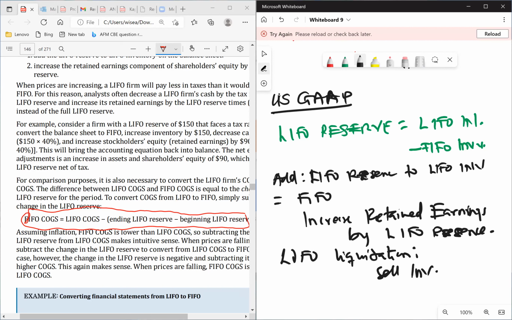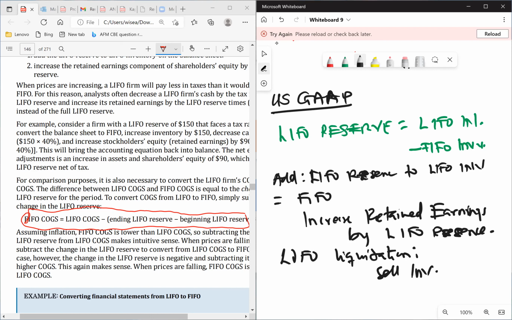Because the inventory would have been valued at the earlier prices, the cost of goods sold now will be lower, and their profit will be higher. And such profits are not sustainable.